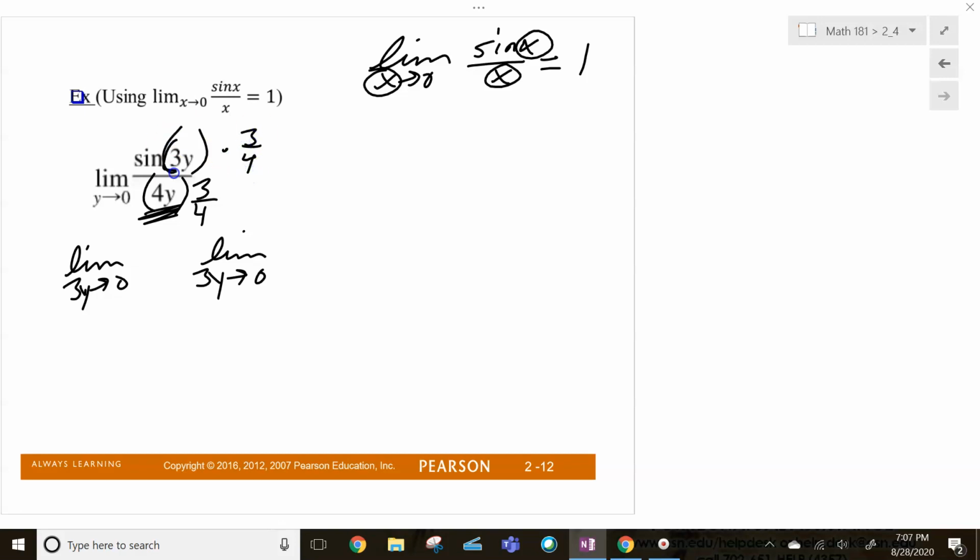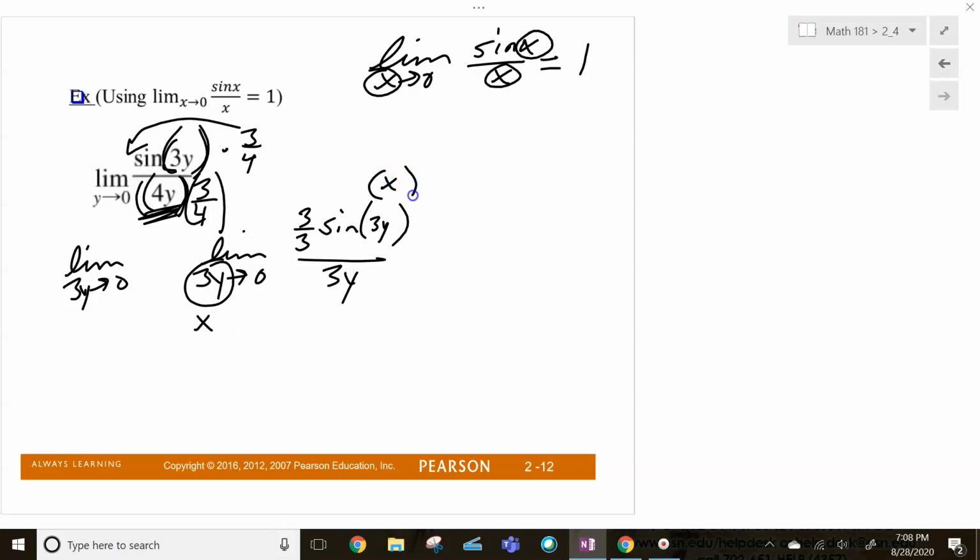Now this does not go into the angle there. That has to be out front. So this will become 4y times 3/4. That gives you a 3y on the bottom. That's what I want. Now on the top, I have 3/4 sine of 3y. Now see this, that's like my x, if you will.